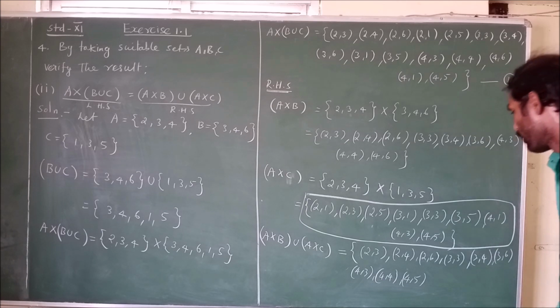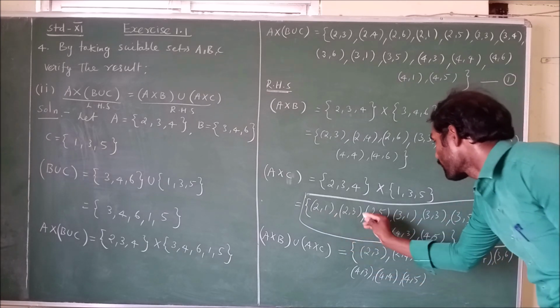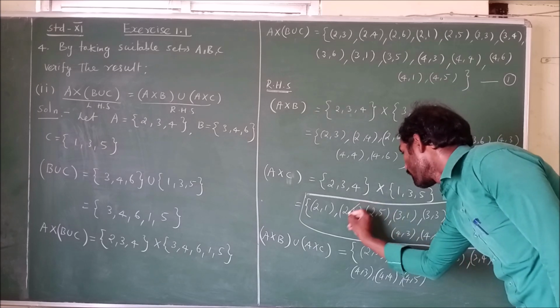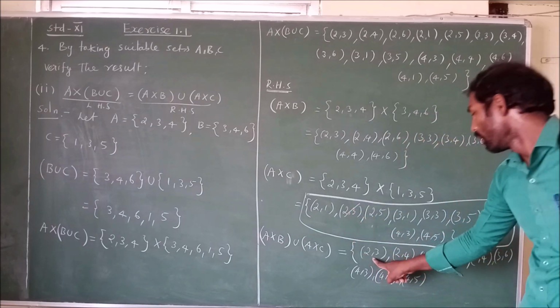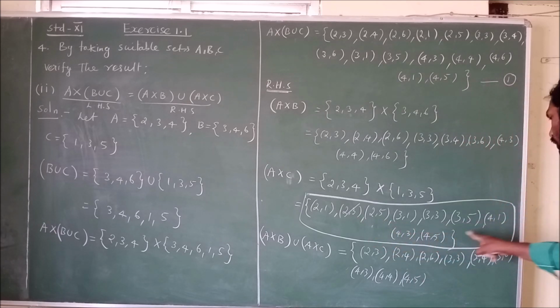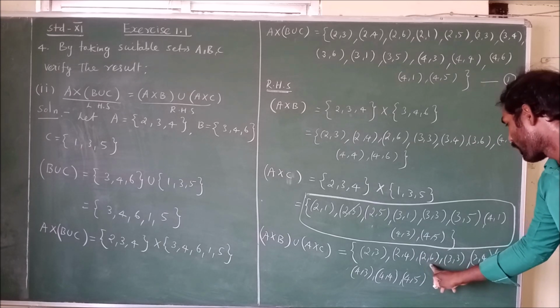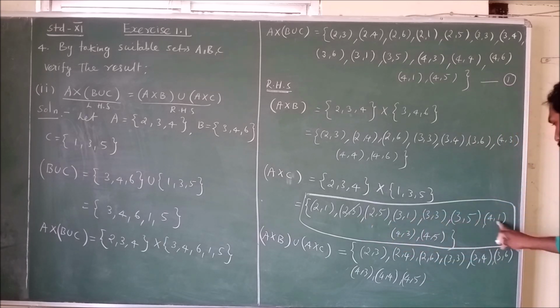After that, write down the remaining entries. So 2 comma 3, again 2 comma 3, repeated once. Second elements 2 comma 4, 2 comma 4, so once: 2 comma 4. Third entries 2 comma 6, 2 comma 6.